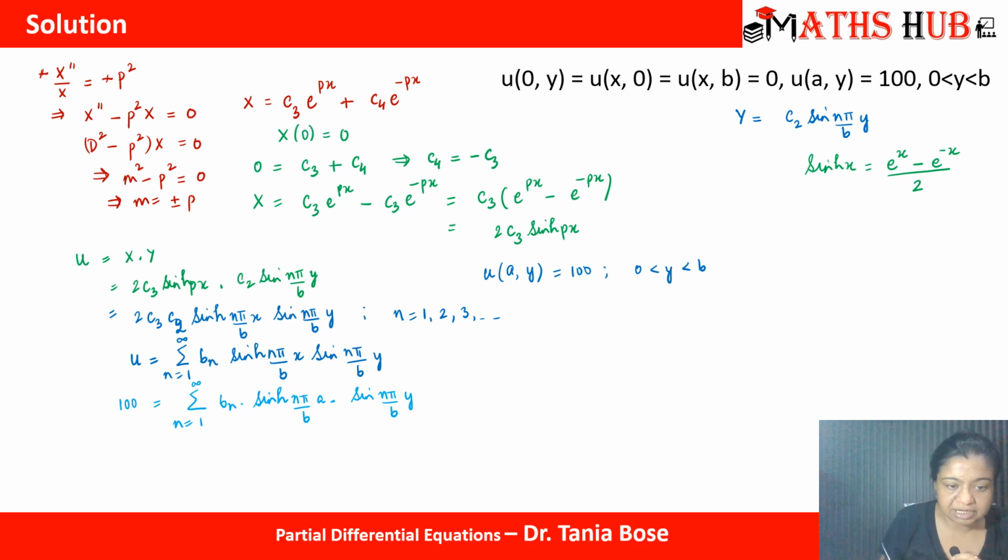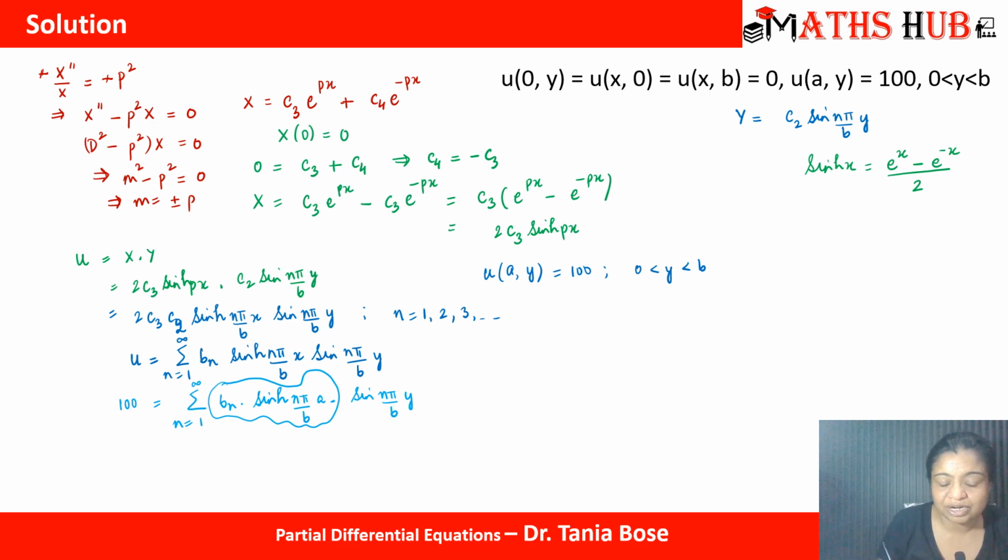Now, does this make you recall anything that we have done before? You can see that this is a sine series, right? It's a Fourier sine series, and you can see that this term is a constant, and bn is also a constant. So you can consider this whole term as a constant, and this is the value of the function, right?